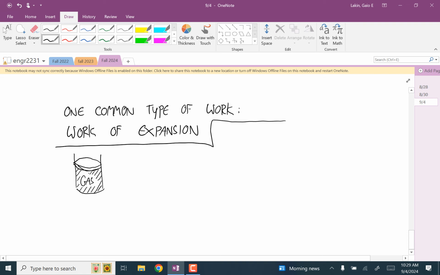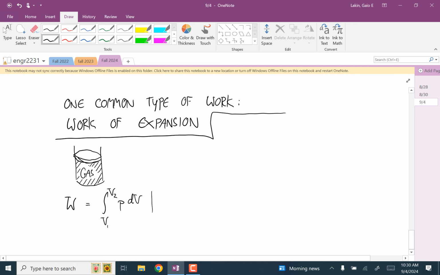And the work of expansion, W, is equal to the integral from volume 1 to volume 2 of the pressure P d volume. And this equation, two things about it. It always holds, so you can always use this. You don't have to think about, am I talking about an ideal gas?